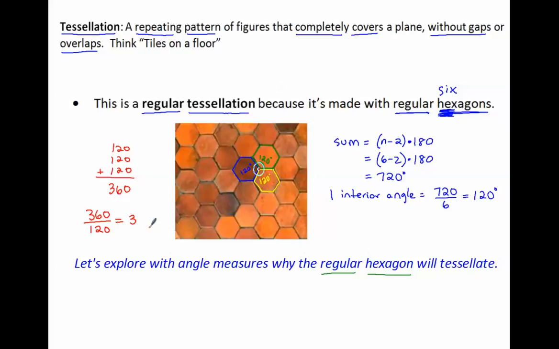Not 3 point something or a fraction, but exactly 3. That means I can put 3 of those interior hexagon angles adjacent to each other without any overlaps or gaps. So I know it will tessellate. It comes out evenly when I divide it into 360, the degree measure for making a circle.